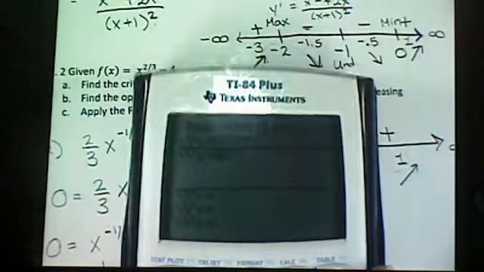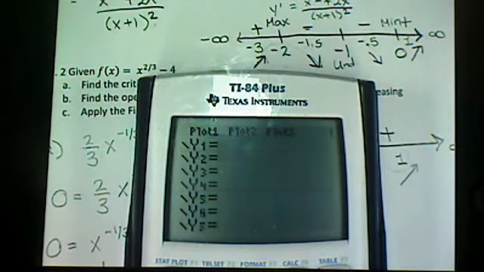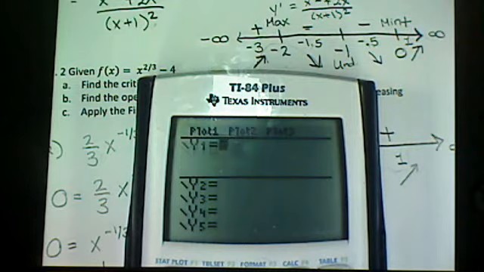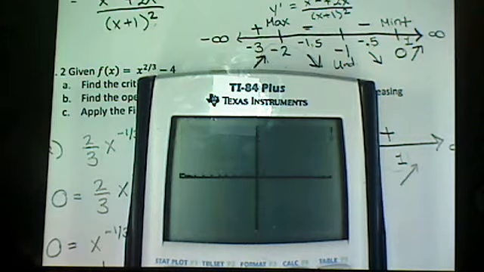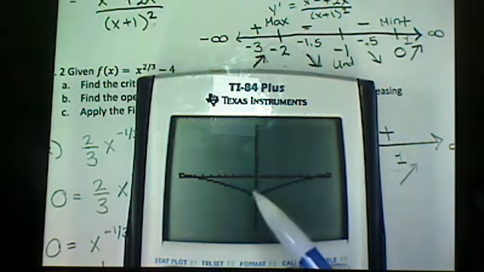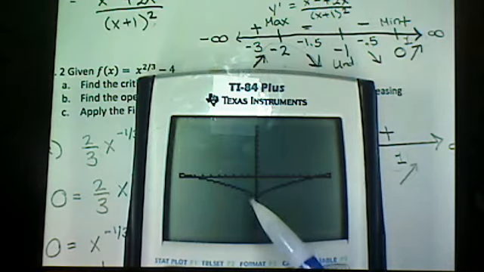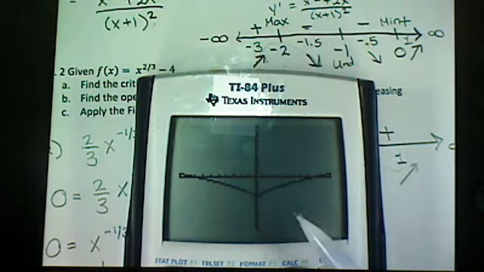So let's graph x to the power of 2/3 minus 4. If you look at it, it looks like there's a cusp right there. And that's why when we take the derivative, it's not actually differentiable.